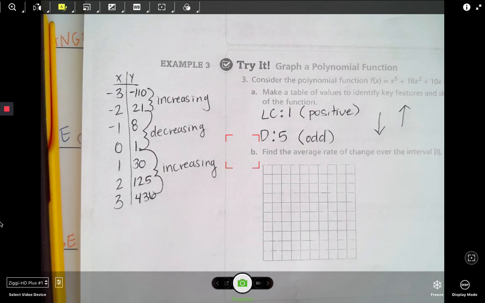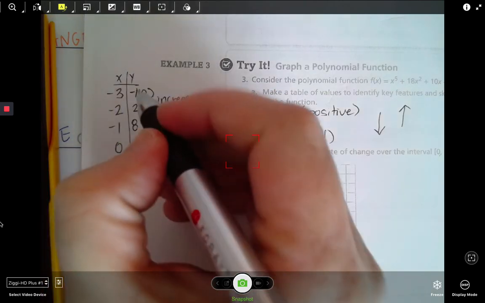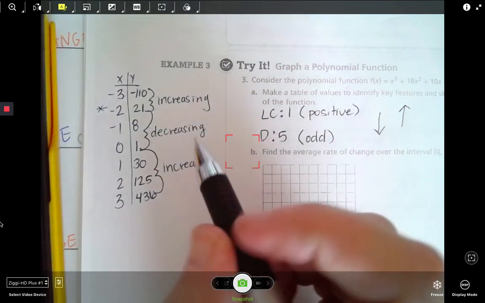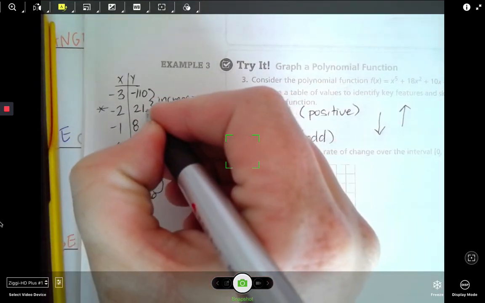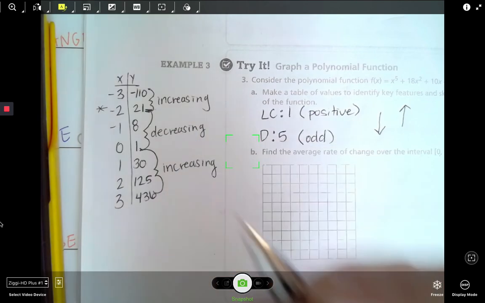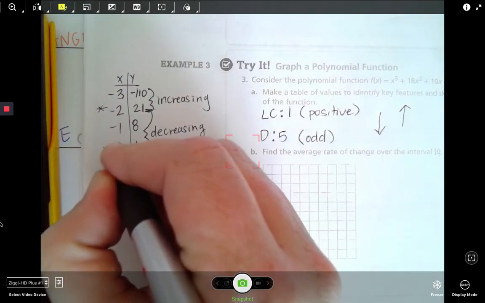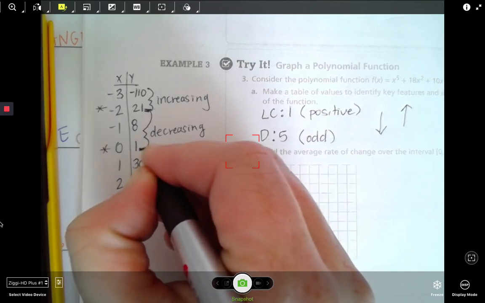So this says points where the function values change from increasing to decreasing. So right here, they change, like this point right here, change from increasing to decreasing. Do you see how it's both increasing and decreasing? And also right here at 0, 1, it went from decreasing now to increasing.